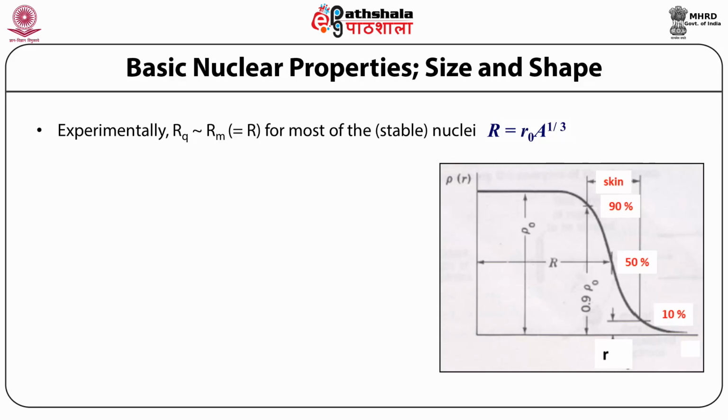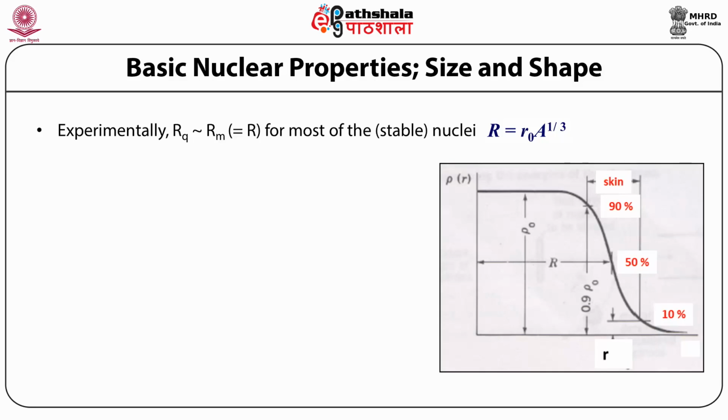So it suggests that the size of the nucleus depends upon the mass number of the nucleus. The best expression relating the two is that R is directly proportional to A to the power 1/3. So the size of the nucleus depends upon the total number of nucleons inside the nucleus, that is, the size depends upon the volume of the nucleus.